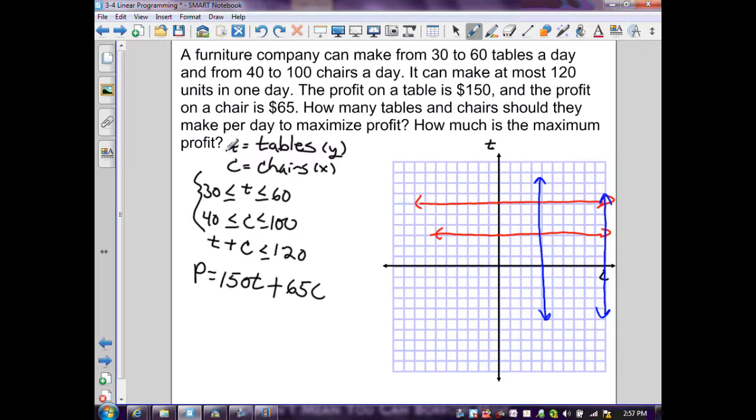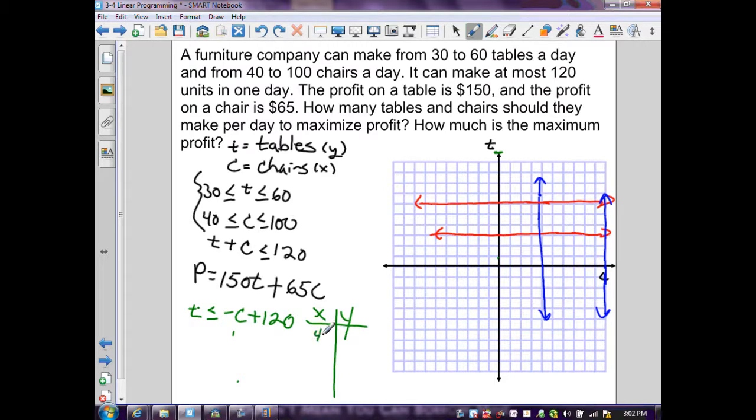So therefore, I need to solve for Y. And in this instance, it's going to be T. So I'm going to solve for T. So T is less than or equal to negative C plus 120. What I want to do is generate a table, so I make sure that I fall in between my region that I know is shaded by my red and blue lines. That will be values of X from 40 to 100, which are given by my other constraint.